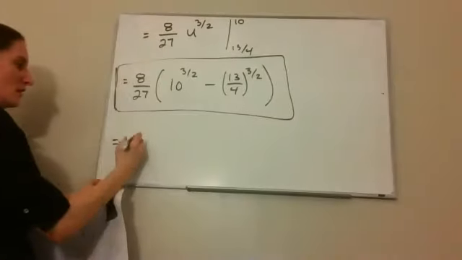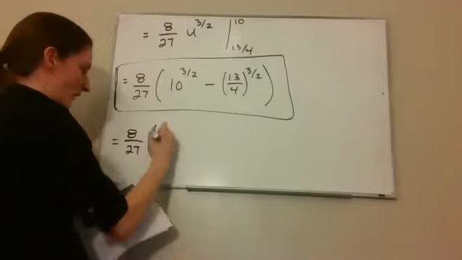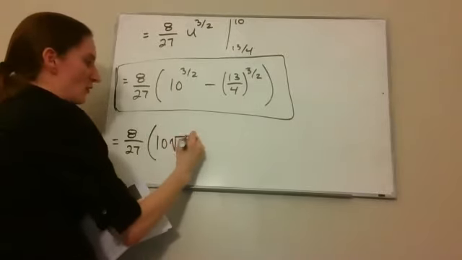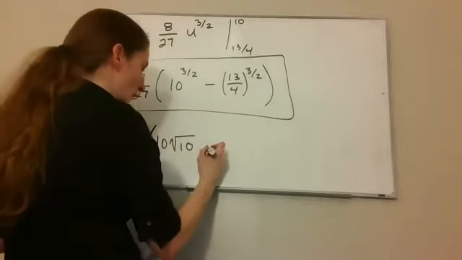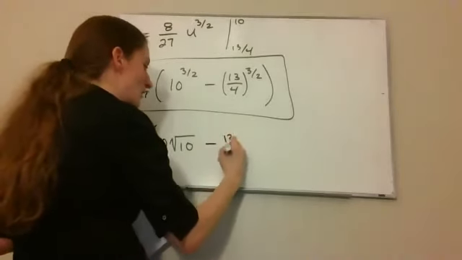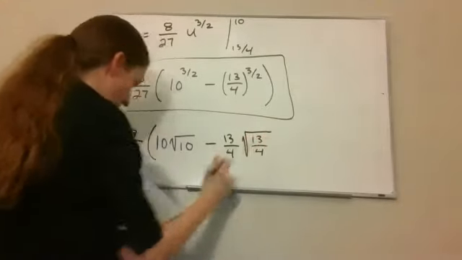So, simplified version, 10 to the 3/2 is the same thing as 10 times the square root of 10. And similarly, 13/4 to the 3/2 is 13/4 times the square root of 13/4.